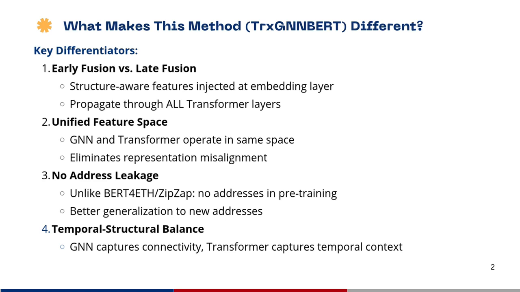And finally, temporal structure balance. The GNN captures how nodes are connected, while the transformer captures when and in what sequence transactions occur. Neither modality dominates. They work together. This balance is essential for detecting sophisticated fraud patterns that span both network structure and time.